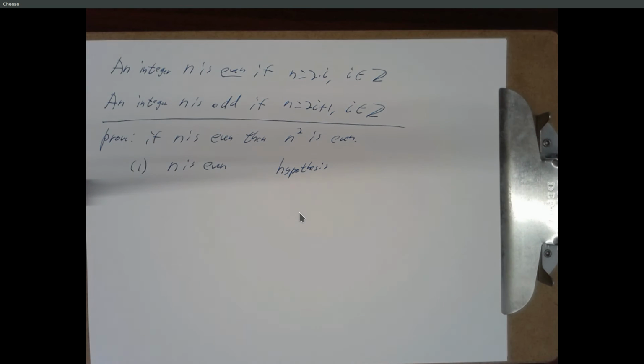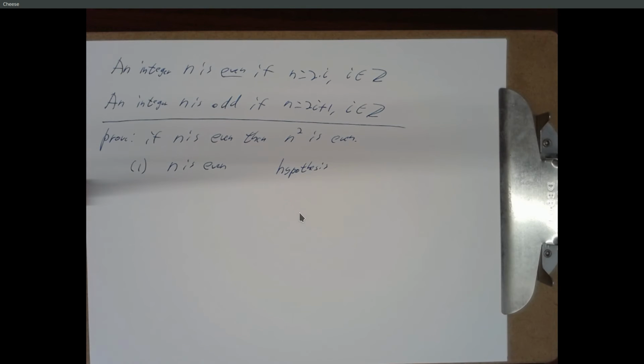I'm not going to prove that n is even. That's impossible. I'm going to prove that if n is even, then n squared is even. So I'm going to assume the hypothesis is true, n is even. I'm going to argue logically, and I'm going to hopefully conclude n squared is even. But it's only going to follow from this assumption, this hypothesis, that n is even.